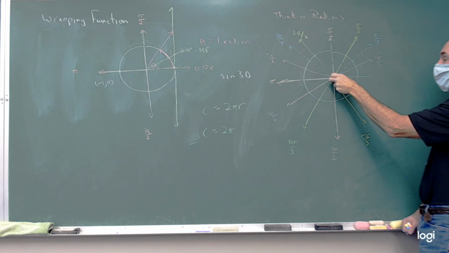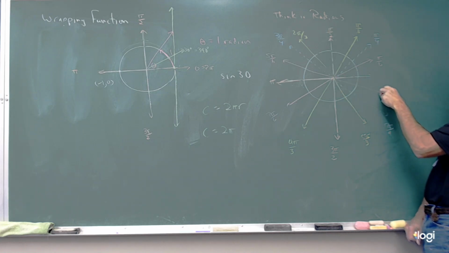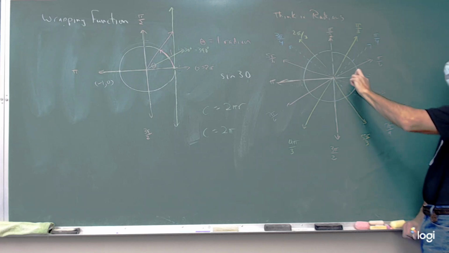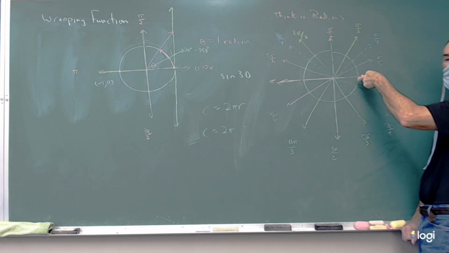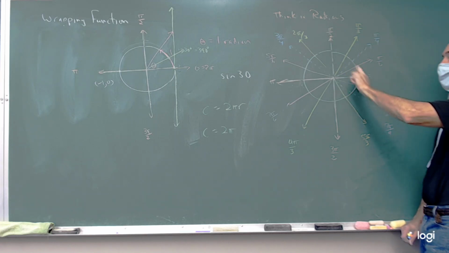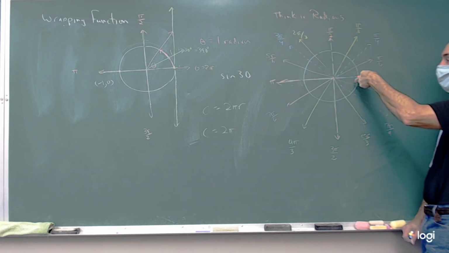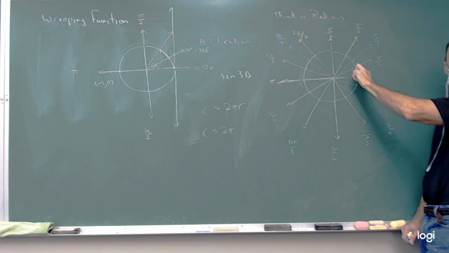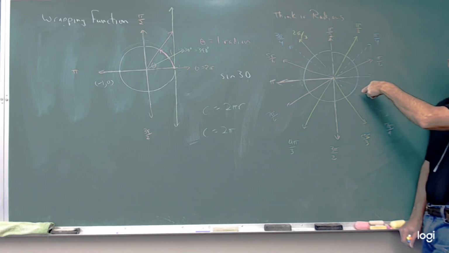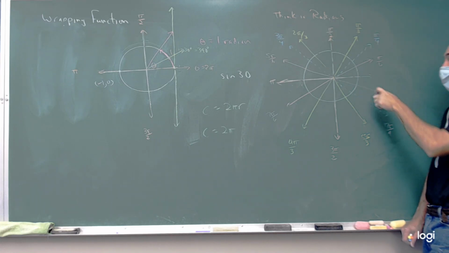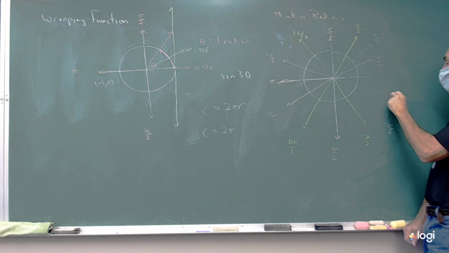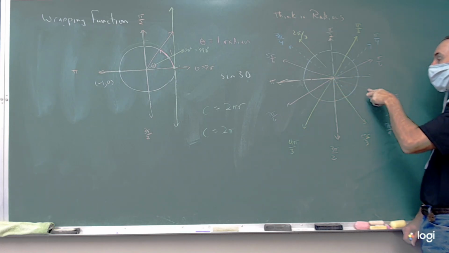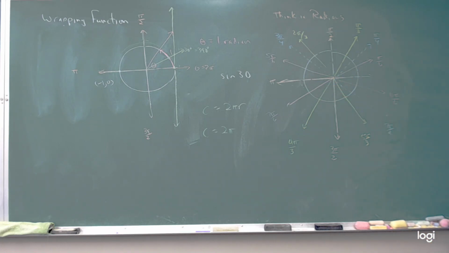And extending the 5 pi over 6 down into quadrant 4, I like to think of this as being 2 pi, which is 12/6, back up 1/6 pi. So 12/6 minus 1/6 is 11 pi over 6, or it's also 1 and 5/6 pi. And then we're back to 2 pi here, which is the same as 0.